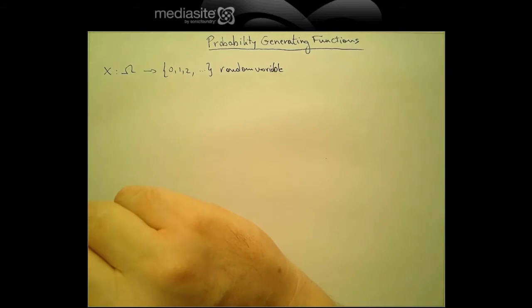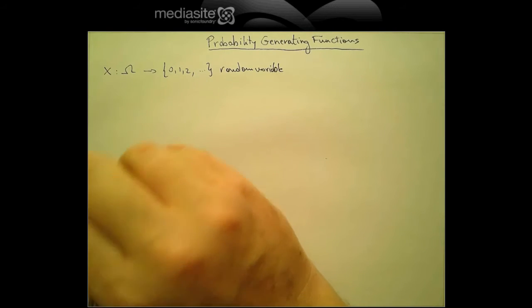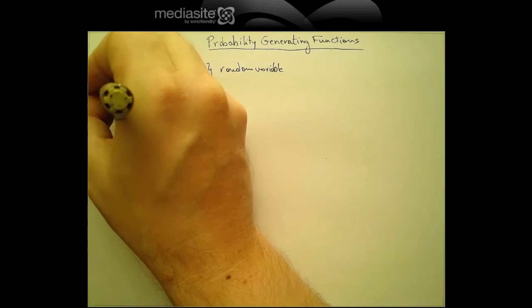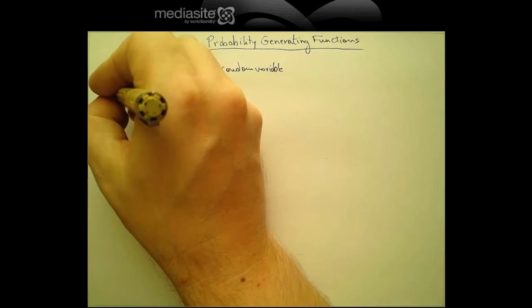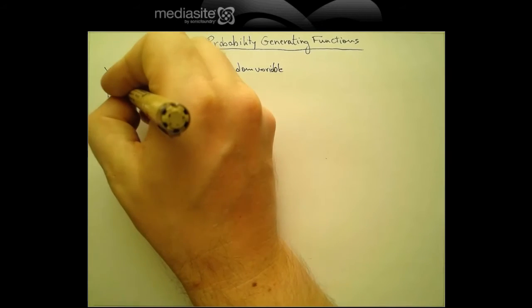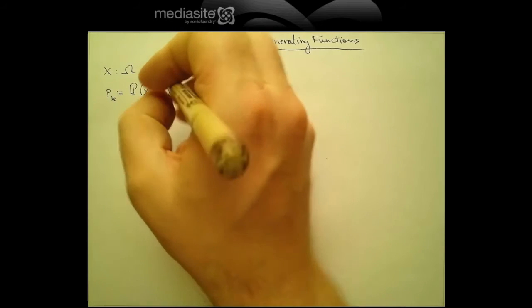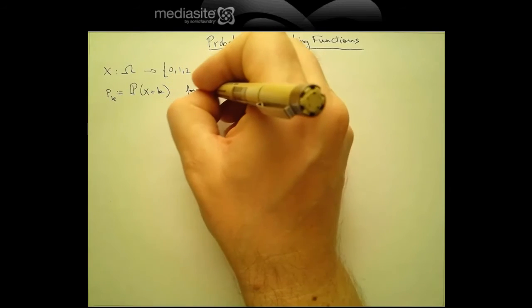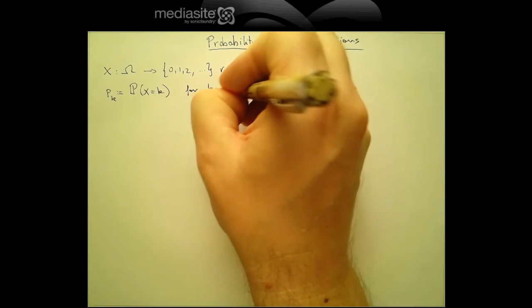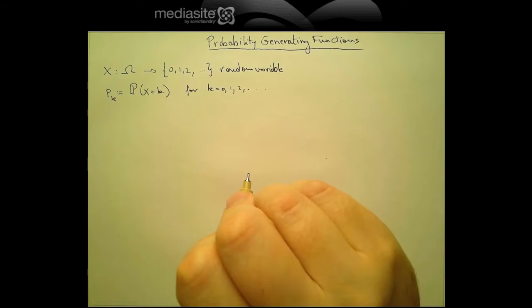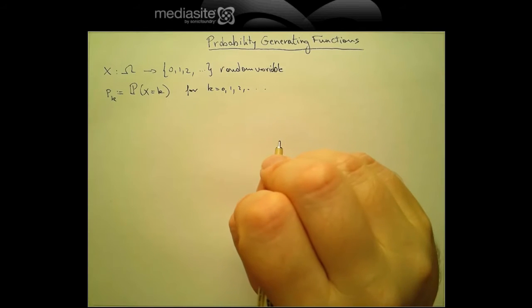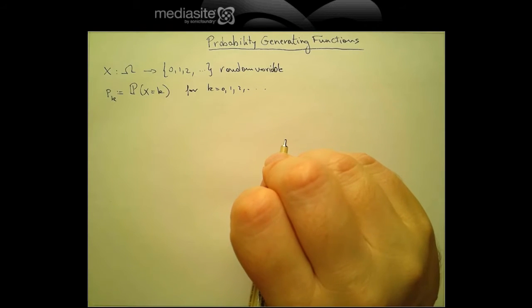and it will have some probabilities, right? Some masses. So let's give a name to those masses. So p_k is the probability that X is k for k equals 0, 1, 2, etc. So these are non-negative numbers and add up to 1.